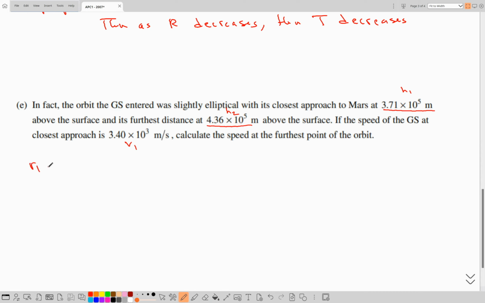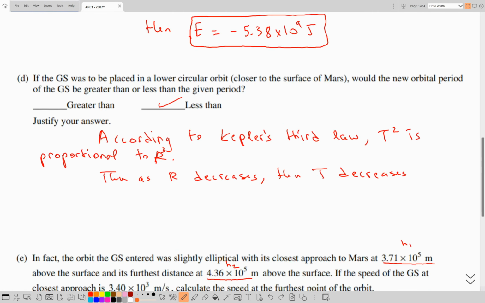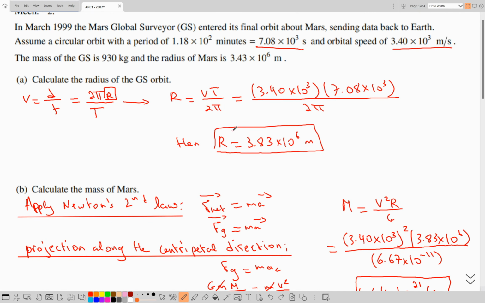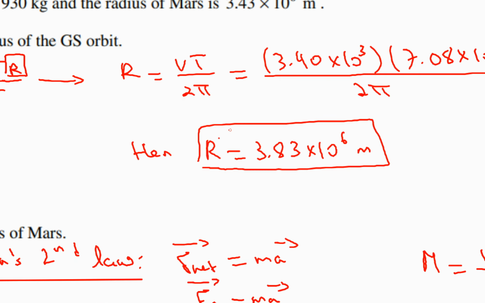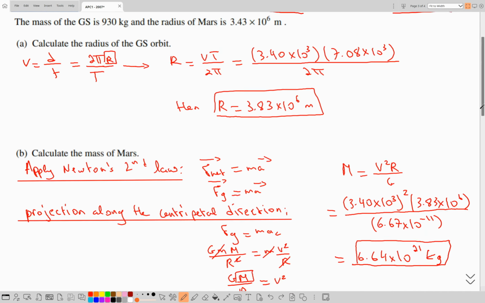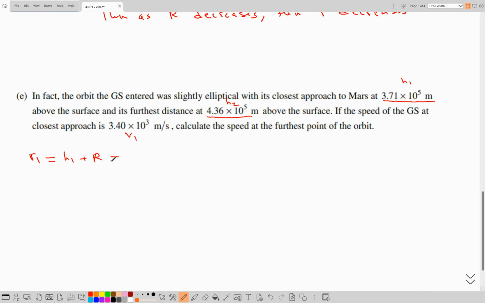Then R1 in this case would be H1 plus capital R that we have determined previously. Now although capital R has been determined using the fact that this is completely circular, R is a constant. Once it has been determined from a certain condition, it won't change. Then H1, which is given by 3.71 times 10 to the power 5, plus R, which is 3.43 times 10 to the power 6, would give us 3.8 times 10 to the power 6.